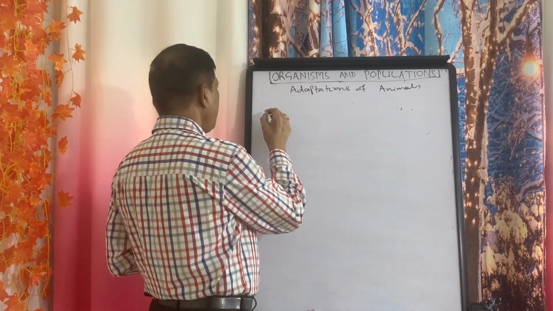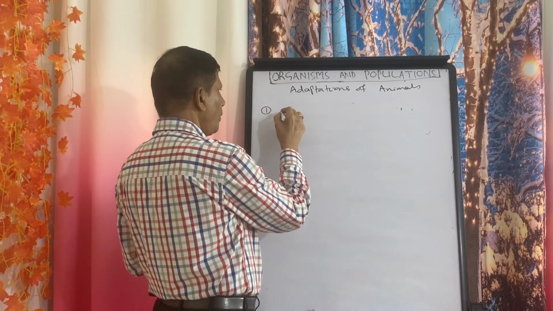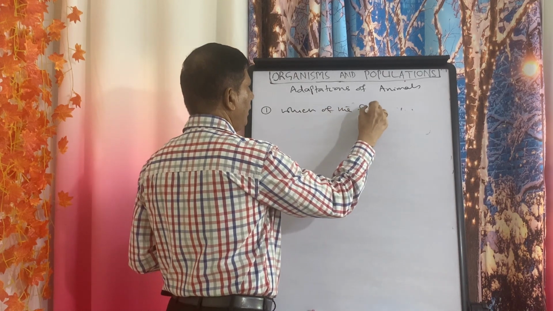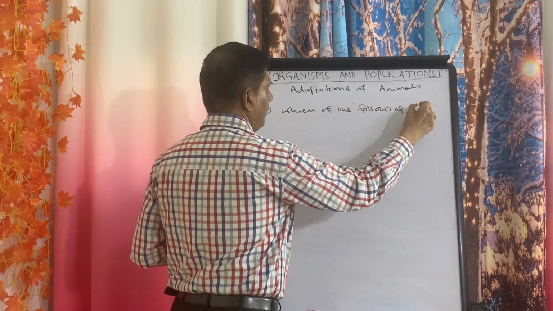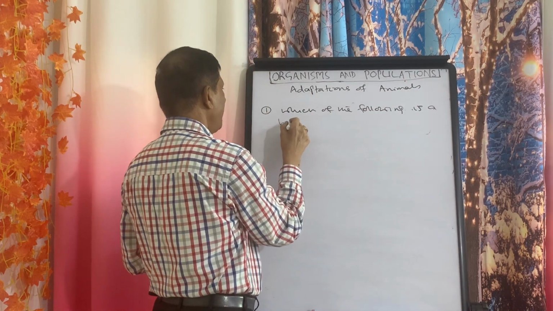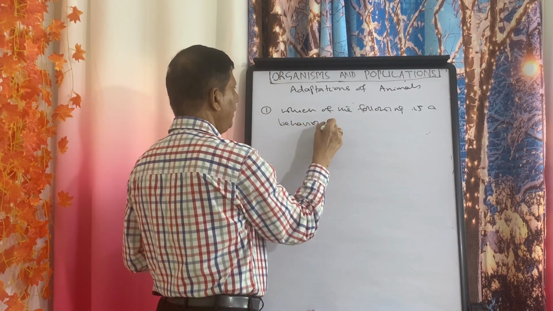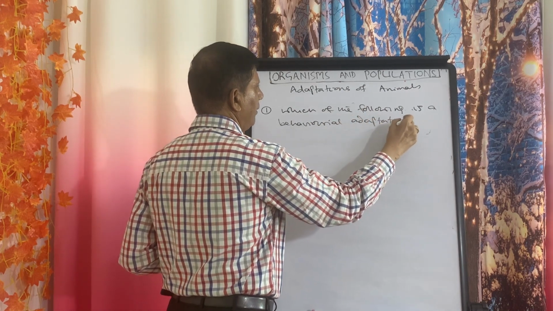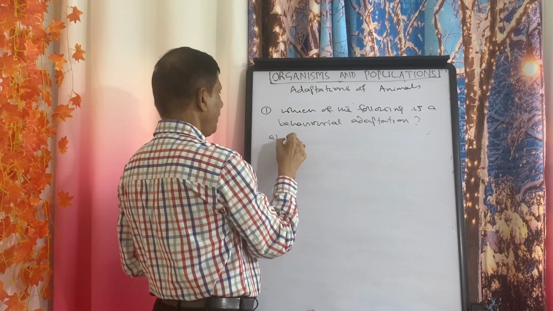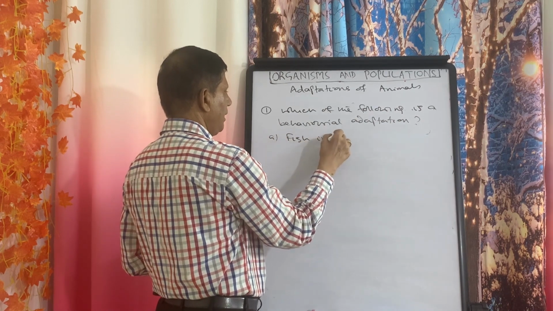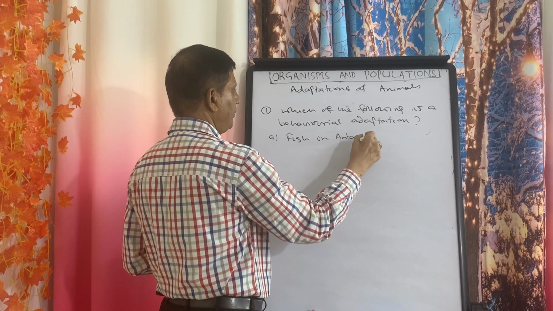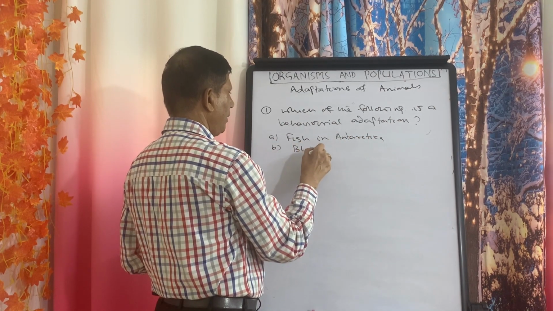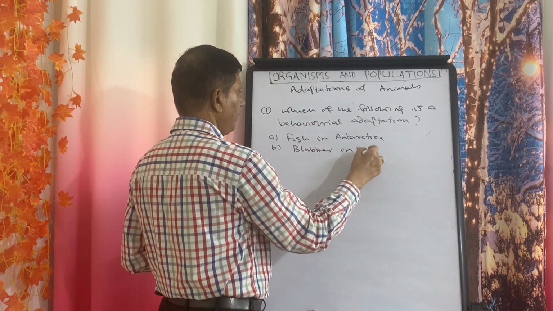So one question you can take: which of the following is a behavioral adaptation? A choice: fish in Antarctica. B choice: blubber in seal.